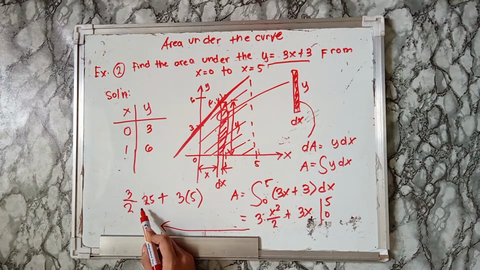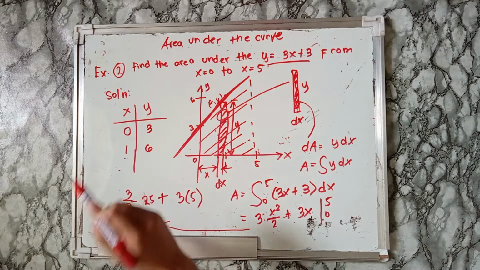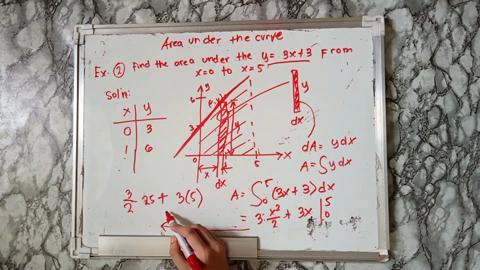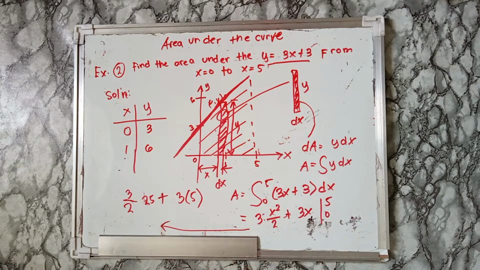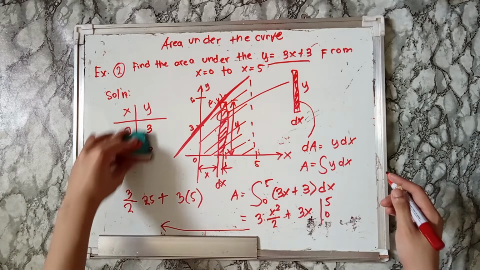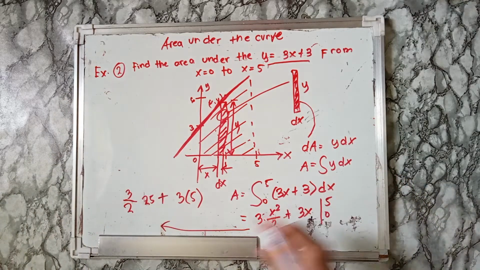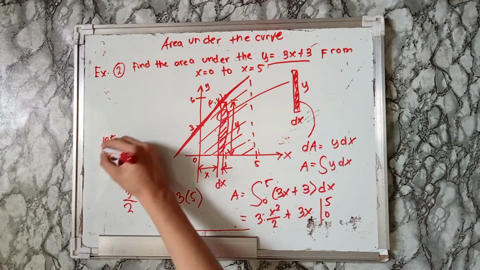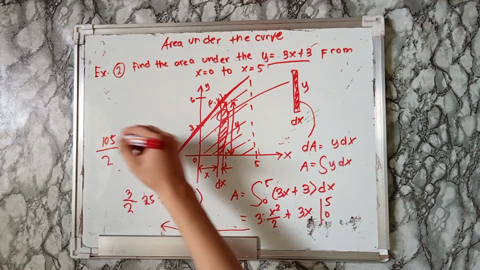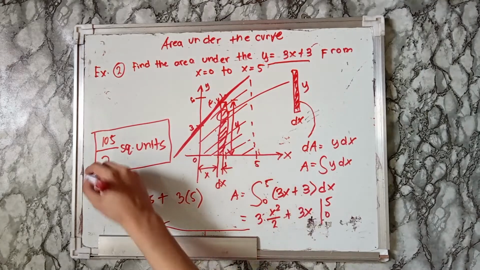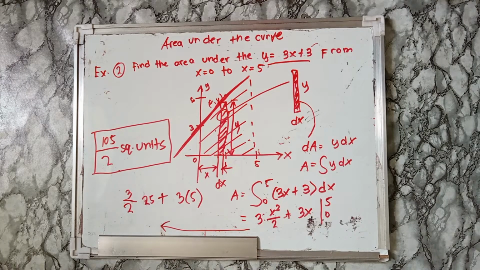So 25 times 3 is 75 over 2, plus 15 is 105 over 2. So, our answer here is 105 over 2 square units. This is our final answer. So I guess that's it for area under the curve.